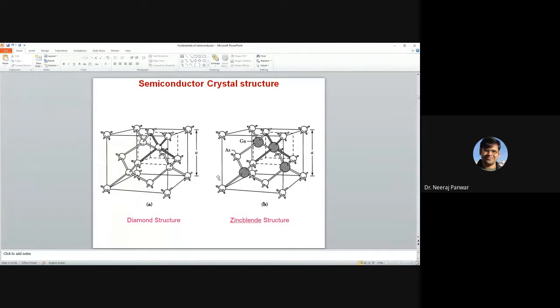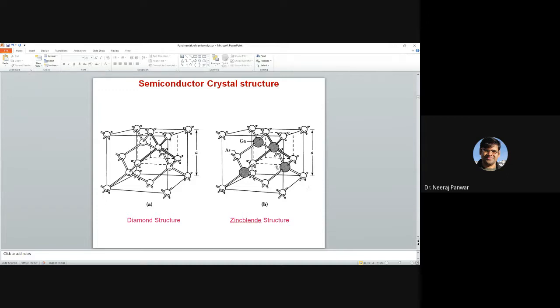Another similar structure is the zinc blende structure, in which the structure is the same as diamond, but we have different atoms. For example, gallium arsenide, a very useful semiconductor, has two different types of atoms: gallium and arsenic. The arsenic atoms sit at the corners and face centers of the unit cell, whereas the gallium atoms sit at the body diagonal positions.